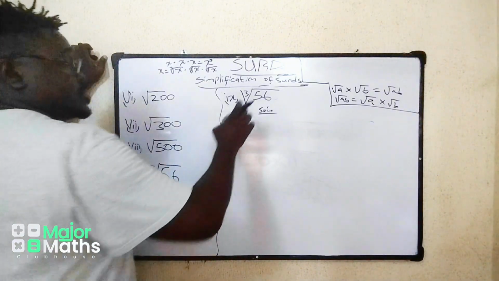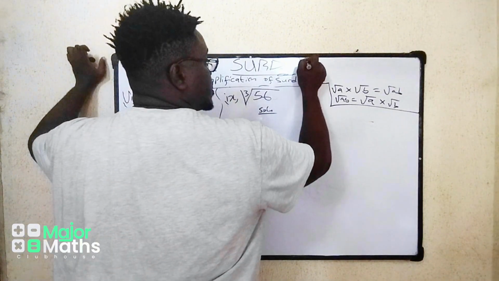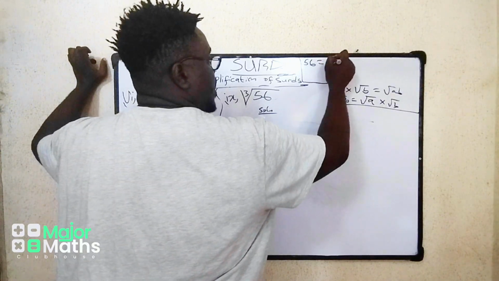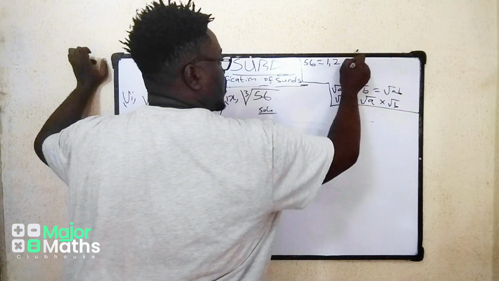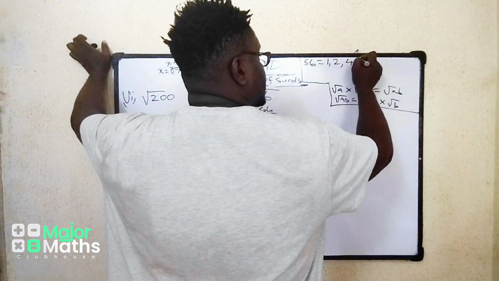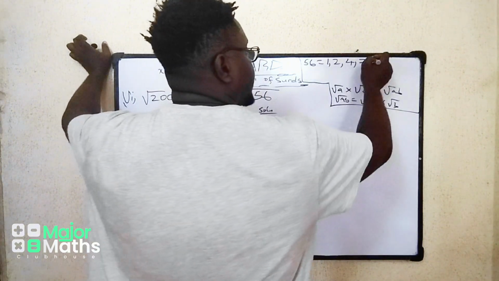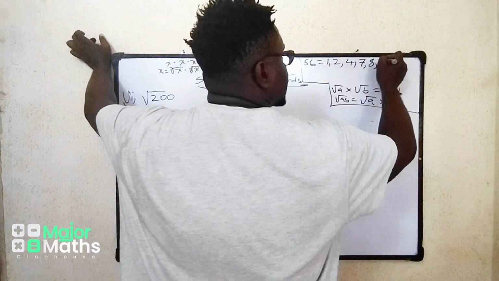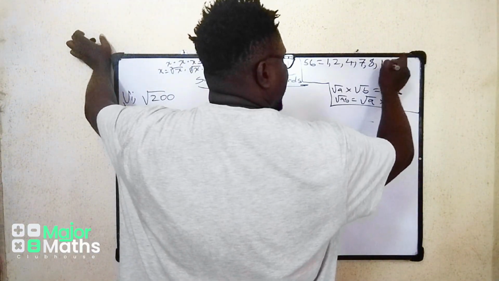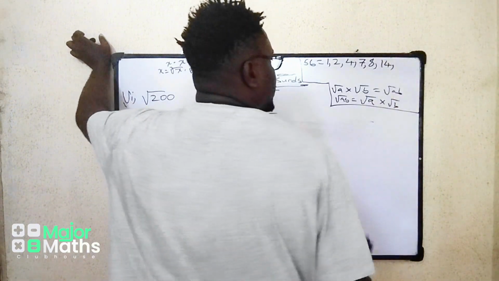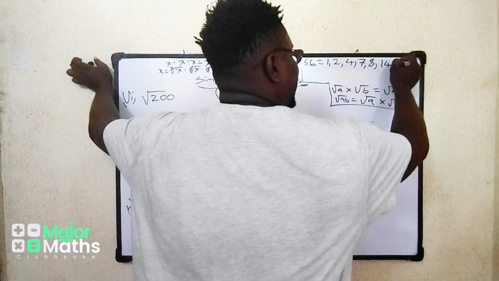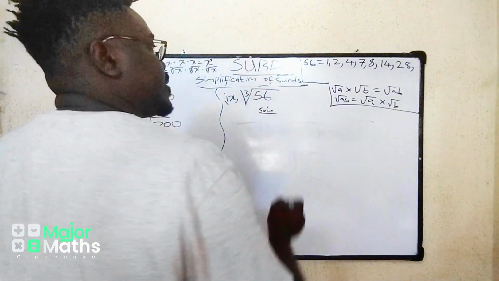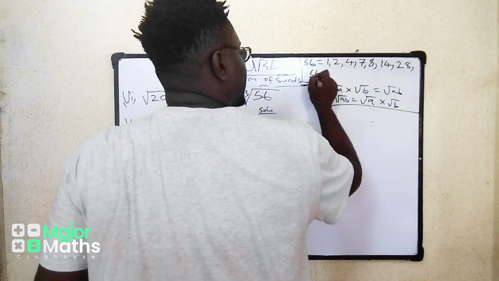So first thing first, you get the factors of 56. So we have 1, 2, 4, 7, 8, 14, 28, and 56.